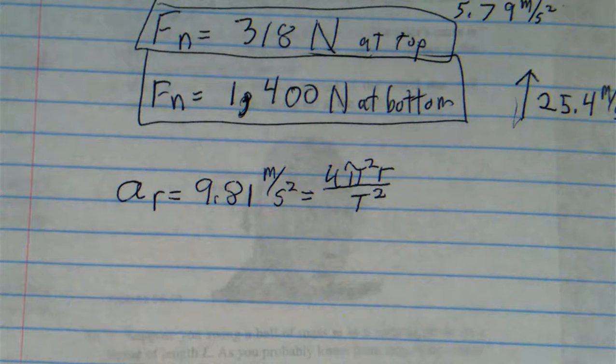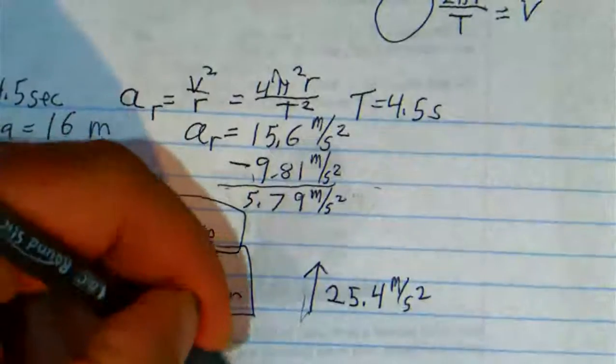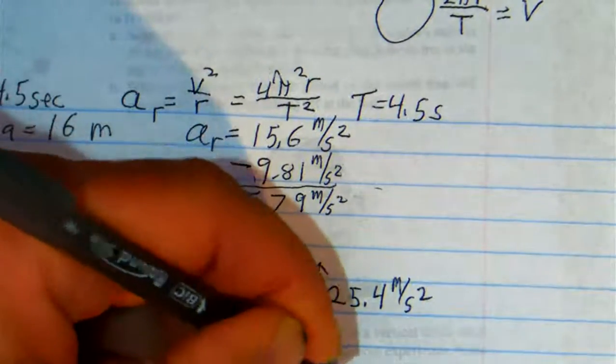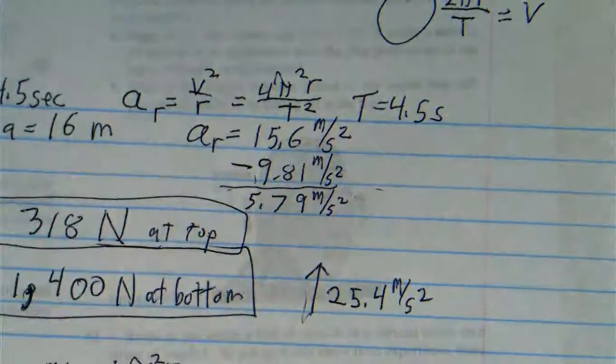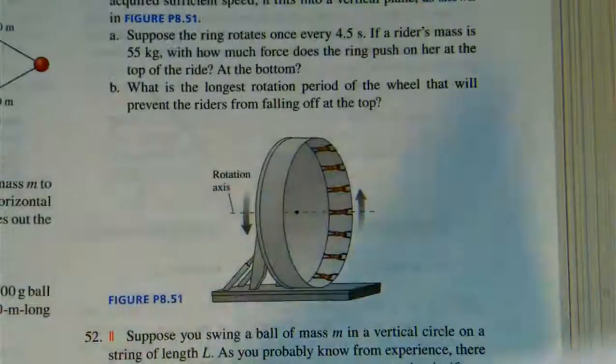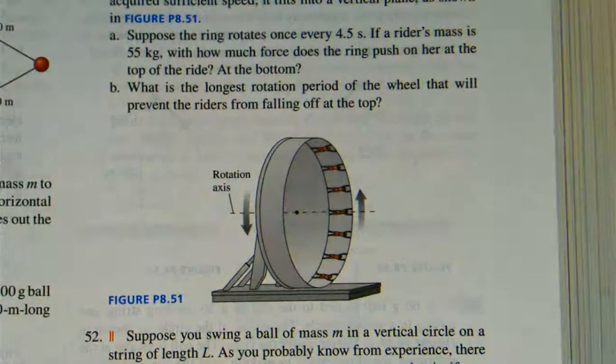Enter, take the square root of that result, and I get a period of 5.67 seconds. That is the longest amount of time that the Roundup ring can take per revolution without losing passengers. Those are my answers.